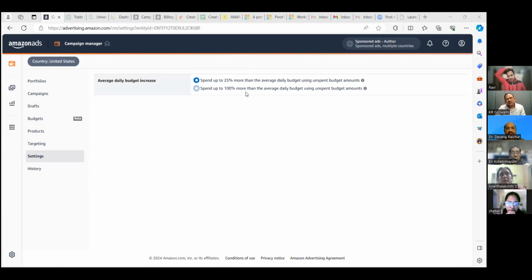So I have opted for 25% at present, because it was at 100%. I don't know how long it was there. Maybe that is why last month it came around, I think 2 months. I'm seeing it since the last 2 months at least. So that is why I am finding that difference.